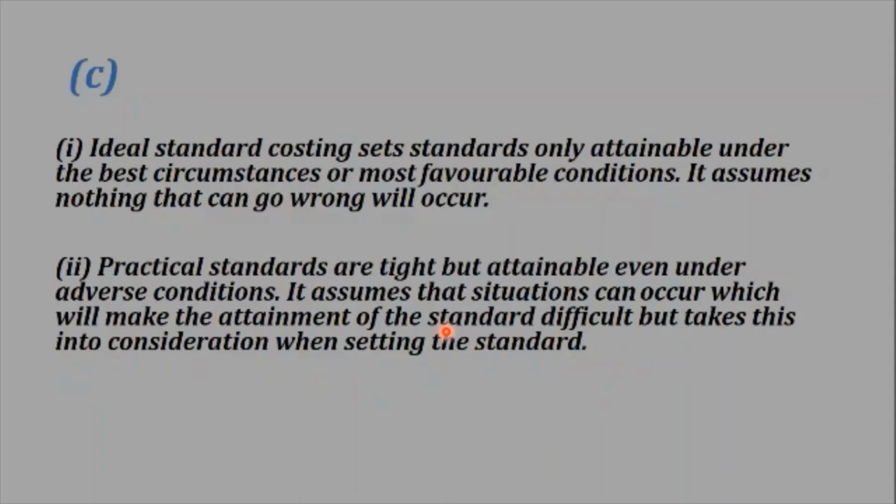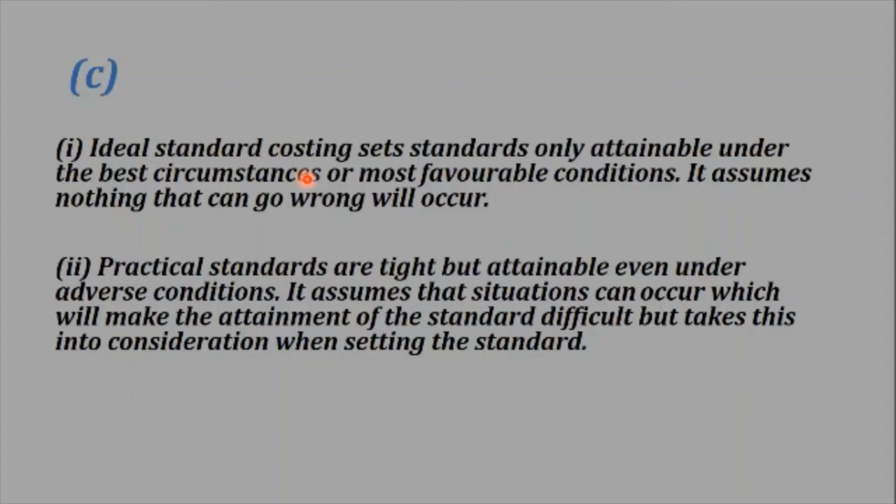All right, so with these types of questions you have to look at the meaning of the word, which gives you a clue as to what it is. Here, ideal means the perfect standard, and it could only be attainable under perfect circumstances.